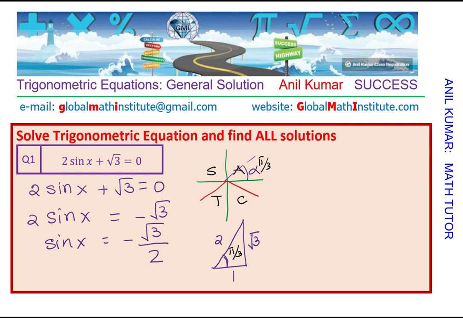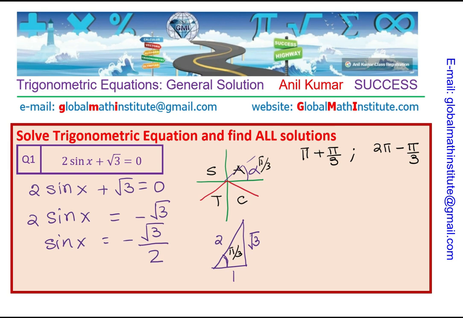So there are two solutions: one is pi plus pi by 3, which is 4 pi by 3, and the other is 2 pi minus pi by 3. When I say all solutions, it means that after one full circle, we can go another round, coterminal.